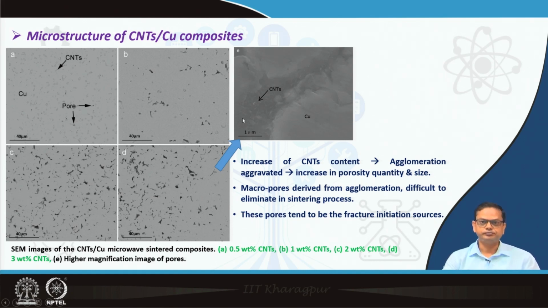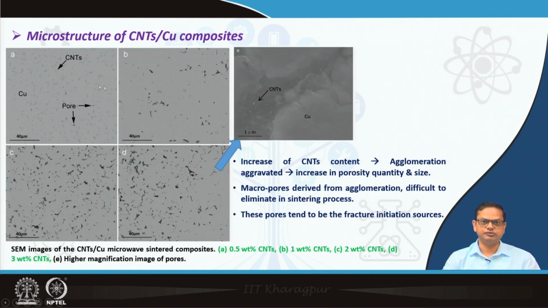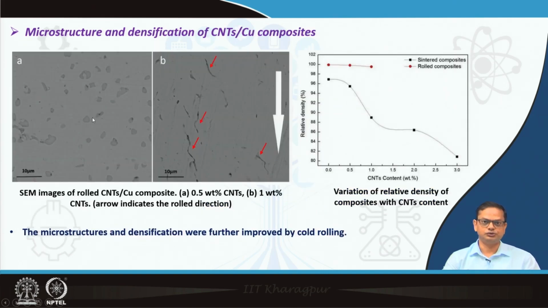Okay. Now, let us look at the compact structure after it was rolled. The images you saw were microwave sintered, and then it has been rolled. Now both 0.5 and 1 weight percent have been rolled. The 0.5 weight percent shows normal microstructure after rolling, and you do not really see any porosity or defects.